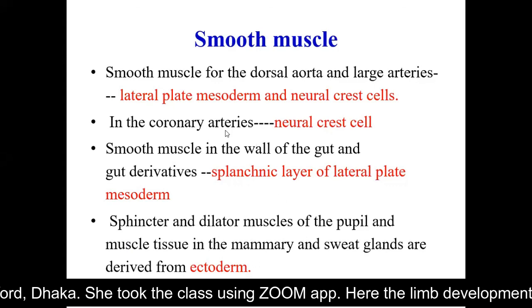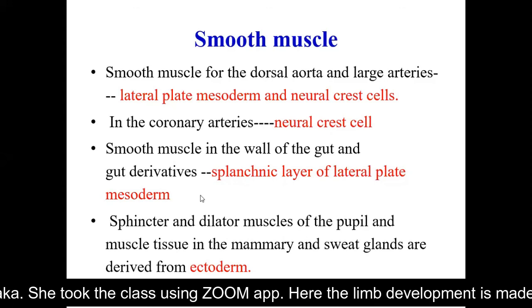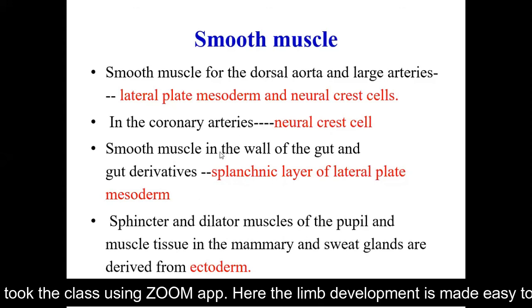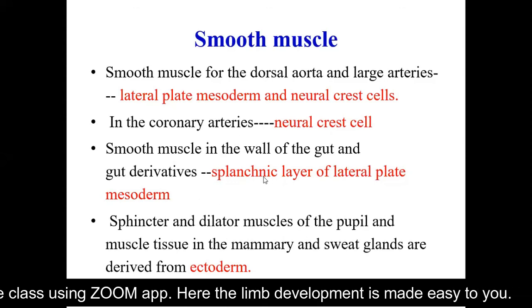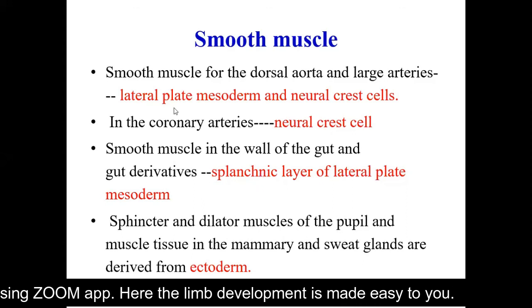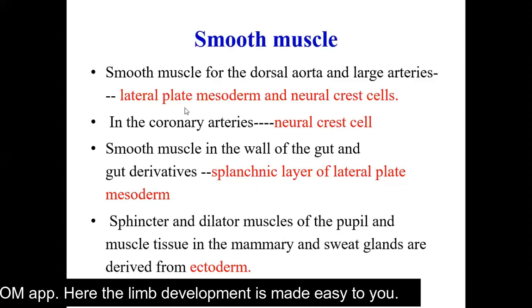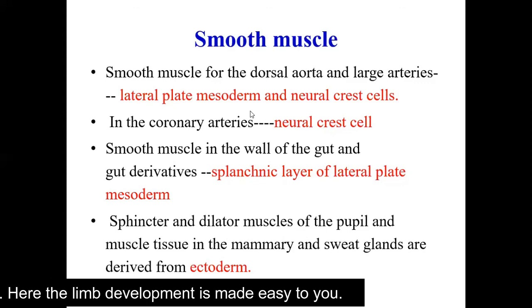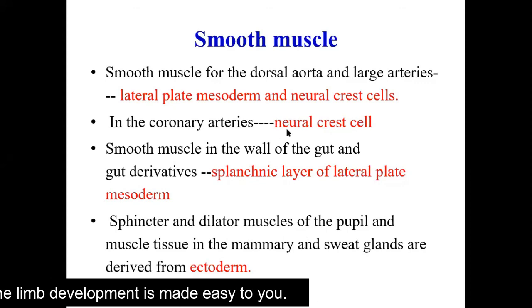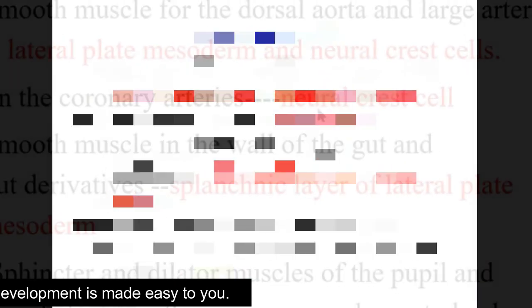So the maximum part of smooth muscles comes from lateral plate mesoderm, and two other sources are neural crest cells and ectoderm.